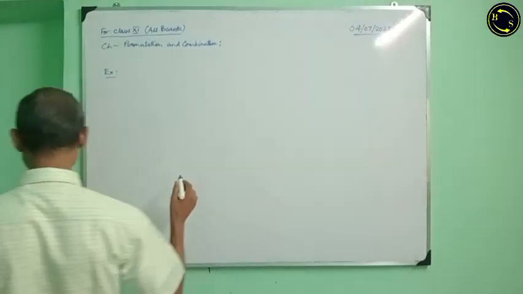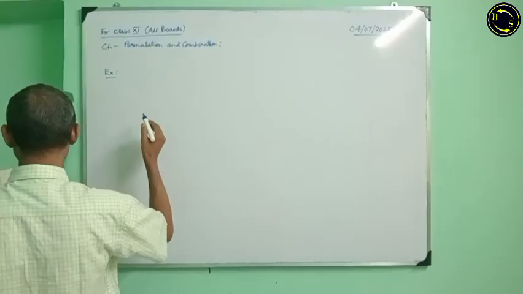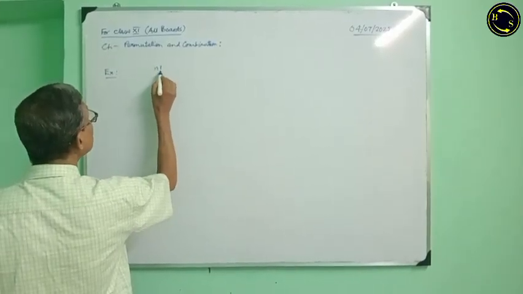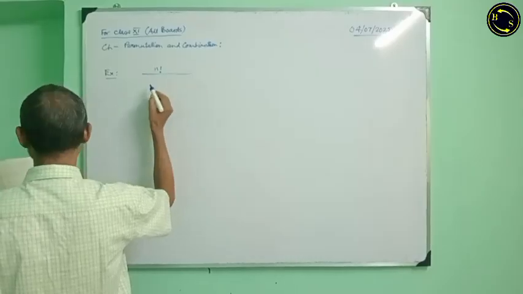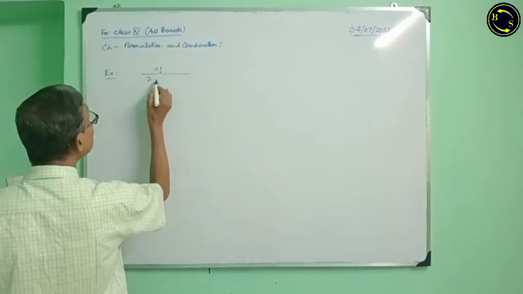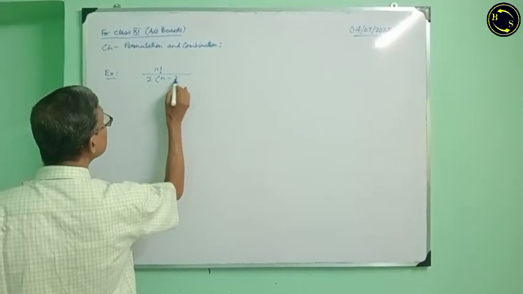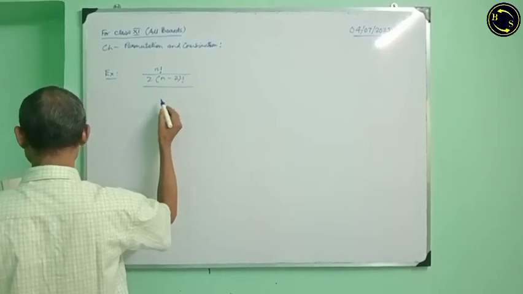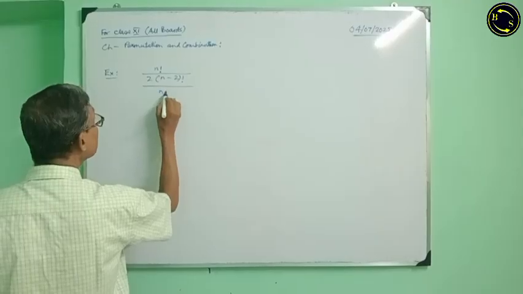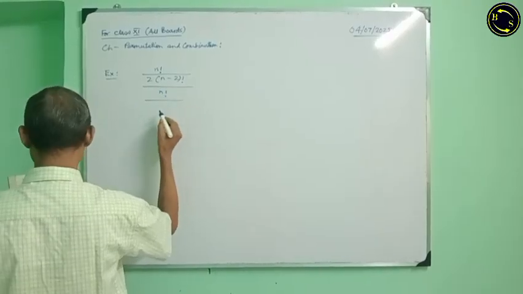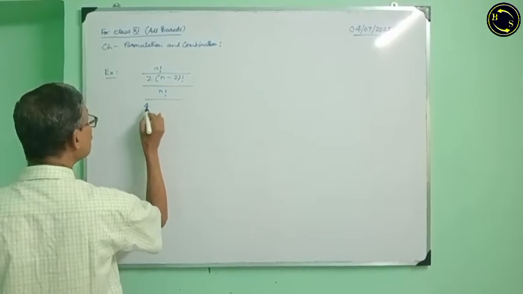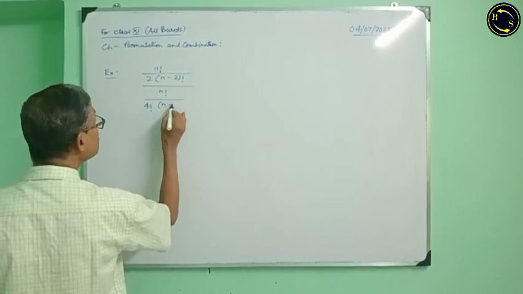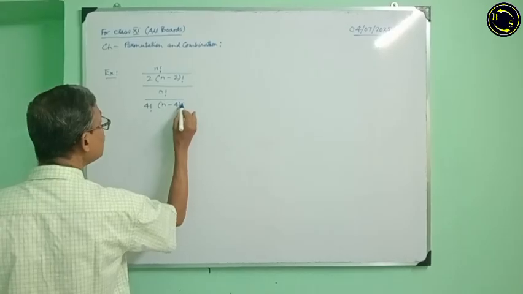I express that in equation form like this: n factorial divided by 2 into n minus 2 factorial divided by n factorial by 4 factorial into n minus 4 factorial.